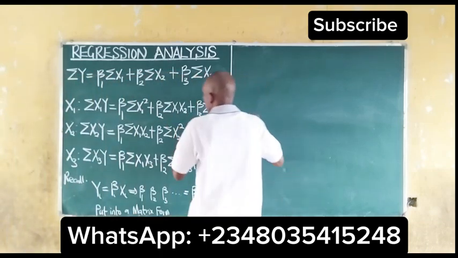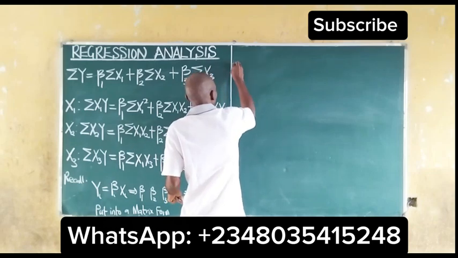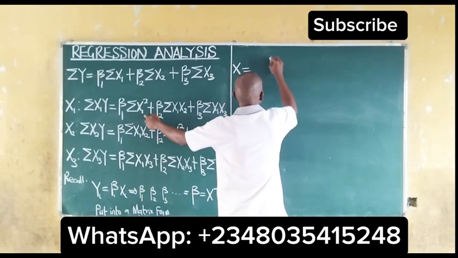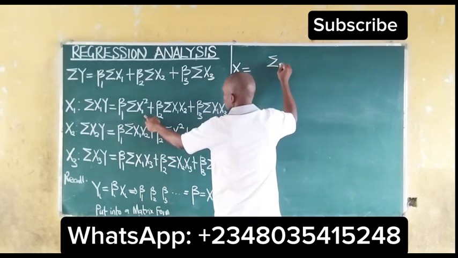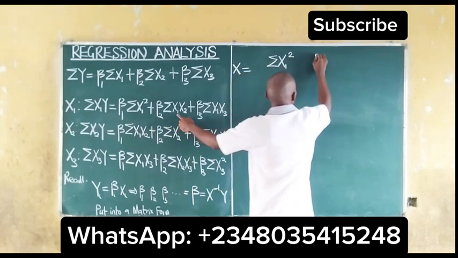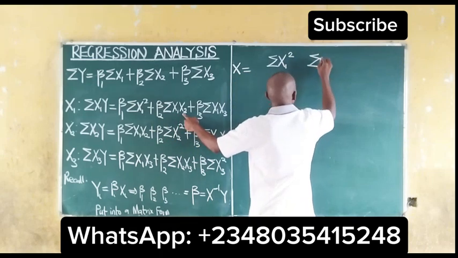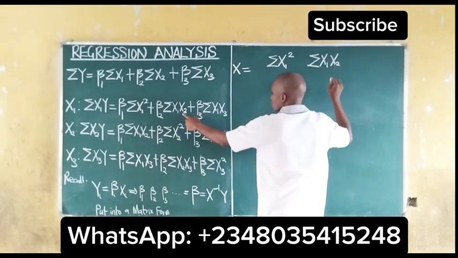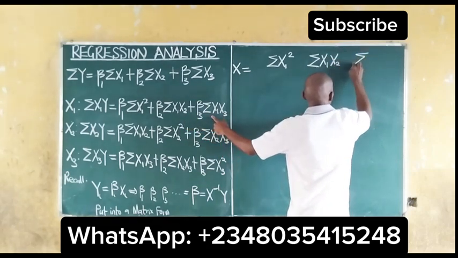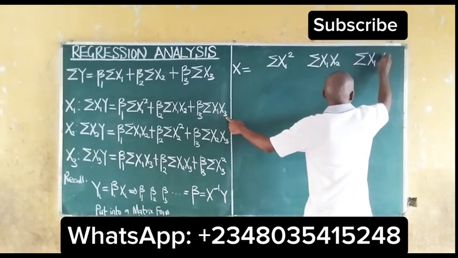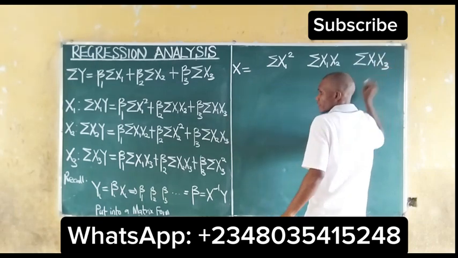So putting this into a matrix form, it then means that our x will now be equal to, now we have the whole of this, which is summation of x1 squared, summation of x1 x2, and summation of x1 x3.